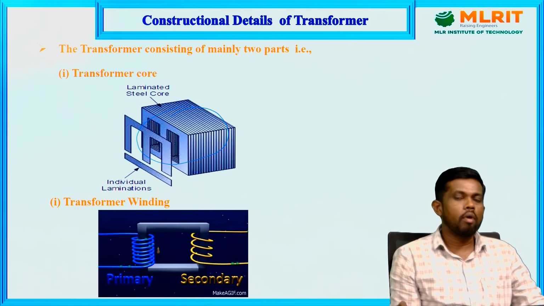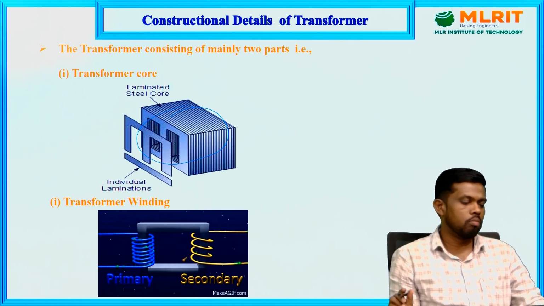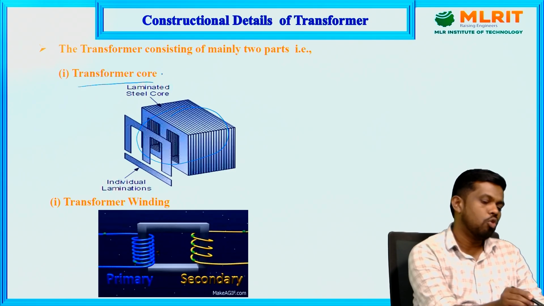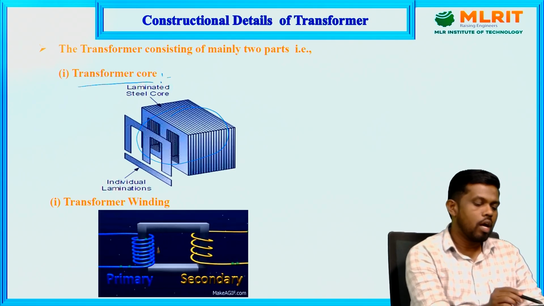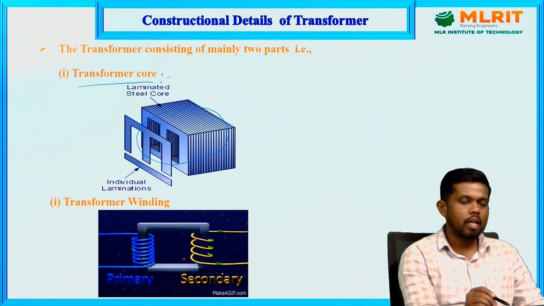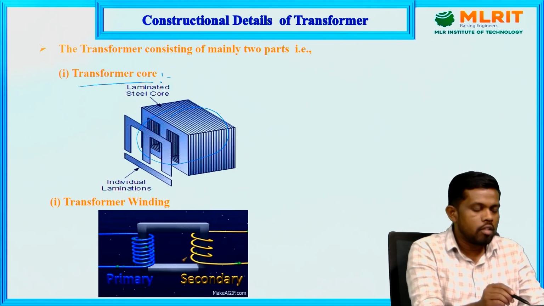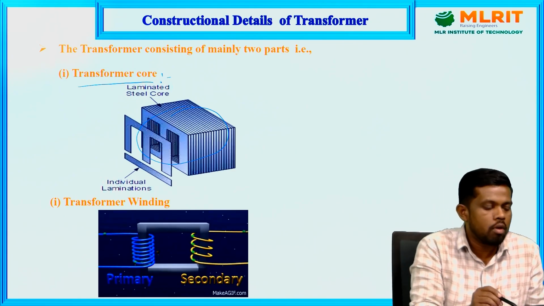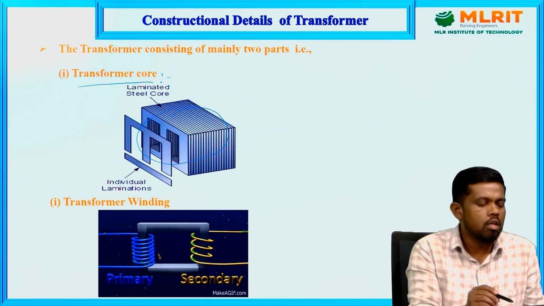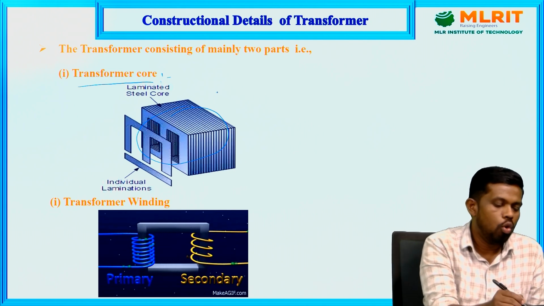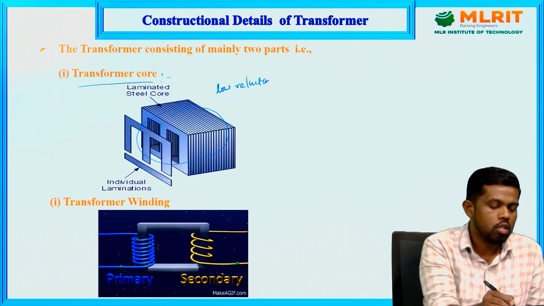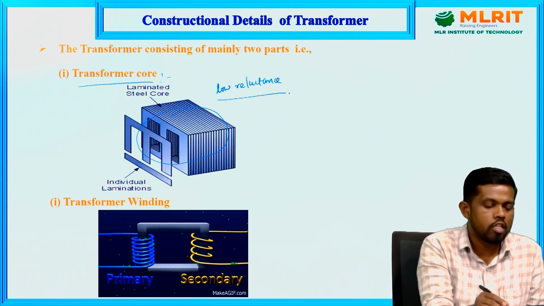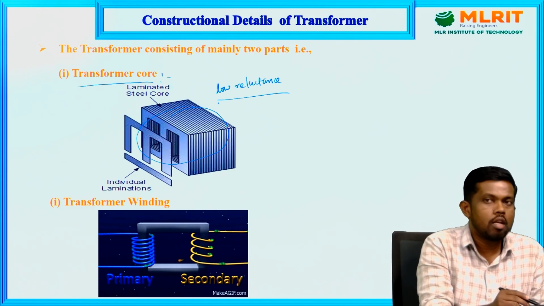It also provides physical support to the transformer winding. That is the purpose of the core. So the transformer core is a wire platform to hold the transformer winding, provides physical support to the entire transformer, and offers the low reluctance path. Low reluctance means it supports high magnetic flux linkage in it. That's why it's called a low reluctance path. So that is the purpose of the transformer core.